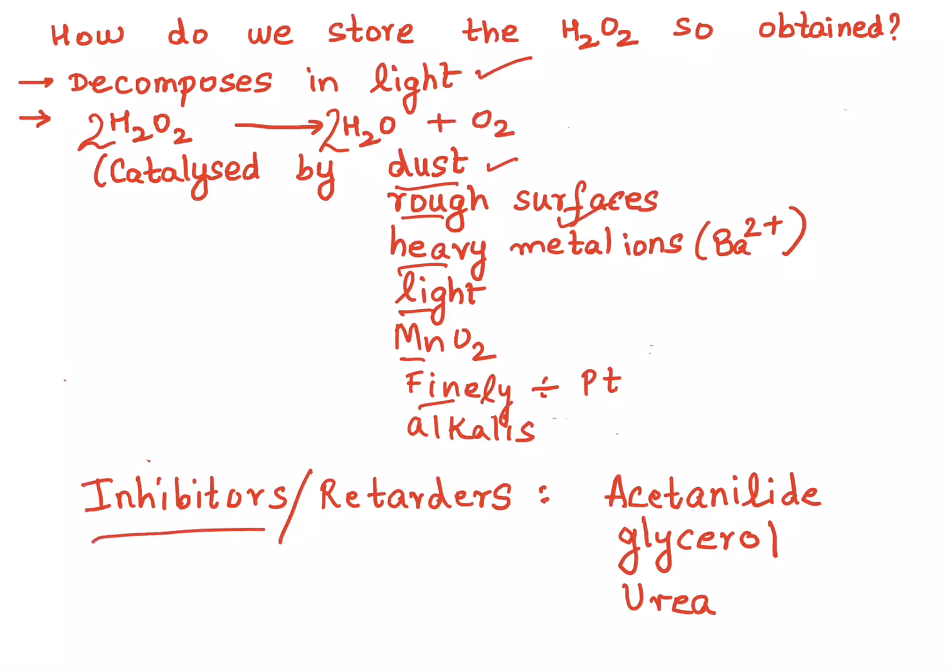We add inhibitors or retarders to a sample of hydrogen peroxide in order to prevent its decomposition. So what are those inhibitors or retarders? Acetanilide, glycerol, urea. In the previous video I had asked you a question: would you like to find out more inhibitors or retarders for this type of reaction?